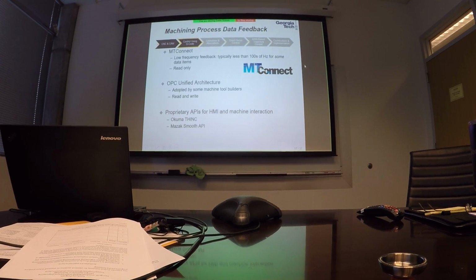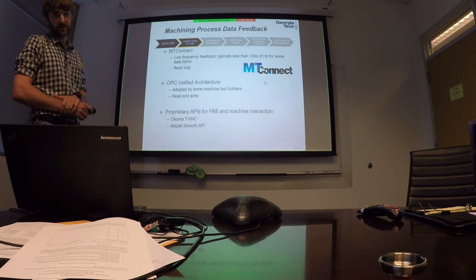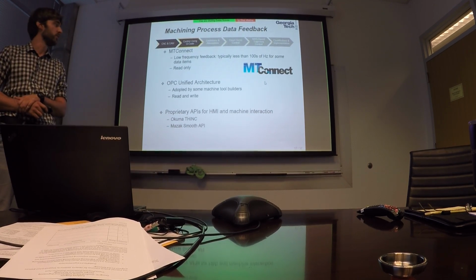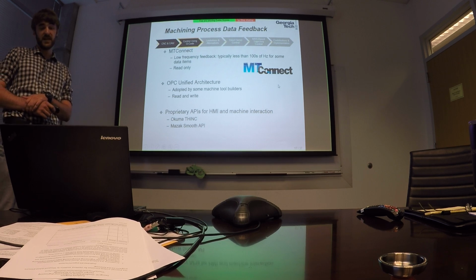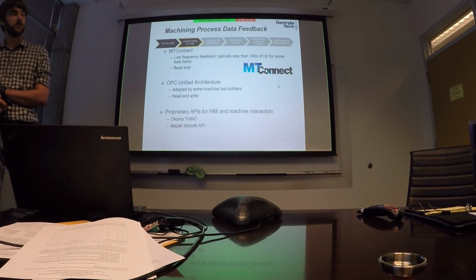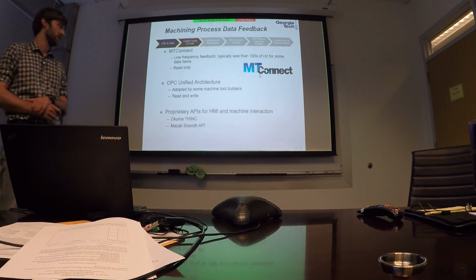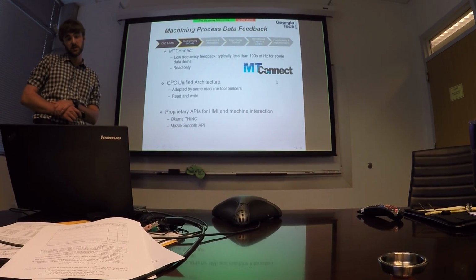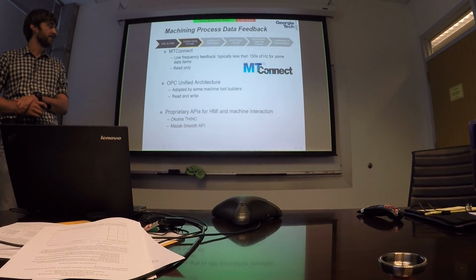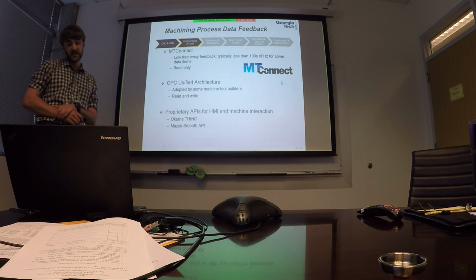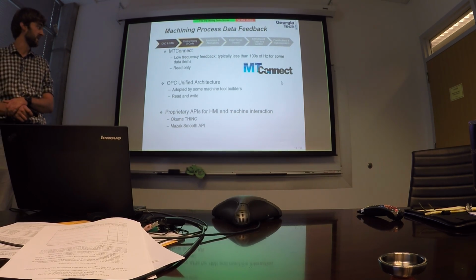You can actually download it online and implement it yourself, but typically a lot of newer machine tool builders will have implemented their own form of MTConnect, and we can read data at usually a low rate, about hundreds of hertz at the very most for a commercial off-the-shelf implementation of Fanuc. But the data rate is not actually defined by the standard. It's limited by the implementation of the standard. It's just that most machine tool builders have not implemented anything much faster than that.